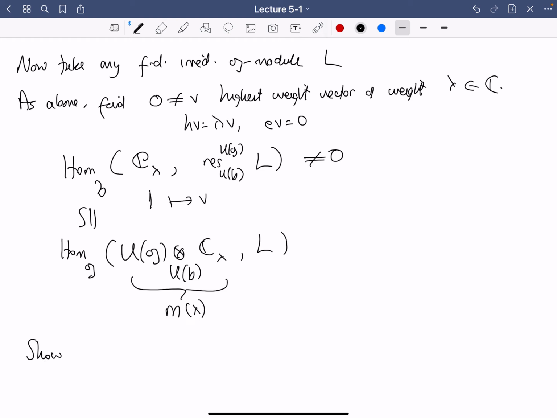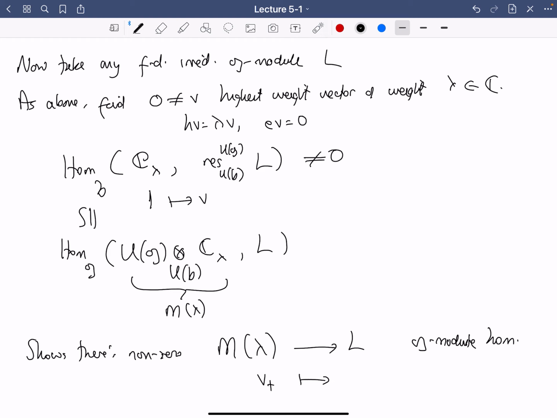So it shows that there's a non-zero G module homomorphism, which is going to send V plus, that was 1 tensor 1, to the vector V that we picked there. And if V plus goes there, then f to the i V plus is going to go to f to the i V.